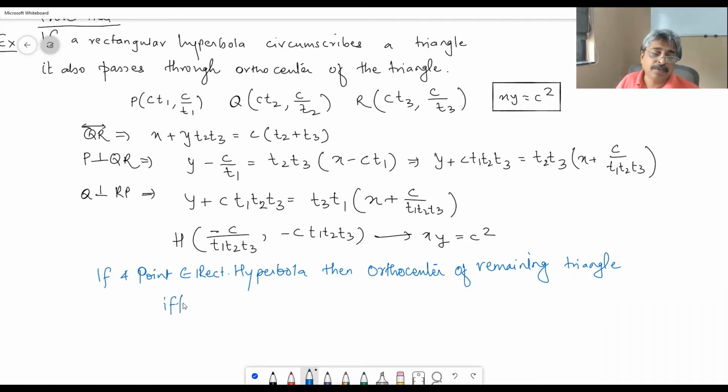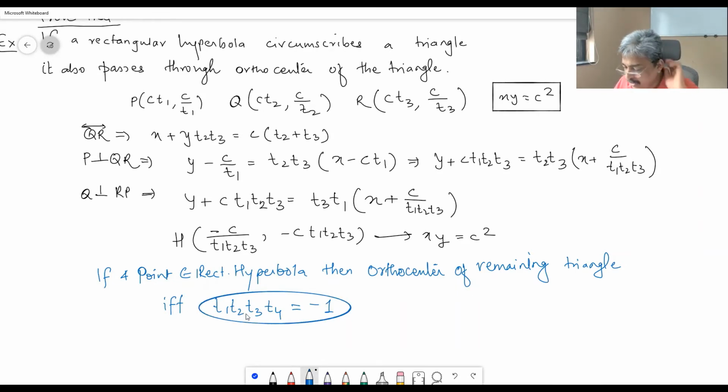Differently, T1 T2 T3 T4 is equal to minus 1. So if you pick and choose 4 points such that T1 T2 T3 T4 is equal to minus 1, then this property is going to be available to you, because your fourth coordinate happens to be looking like this.